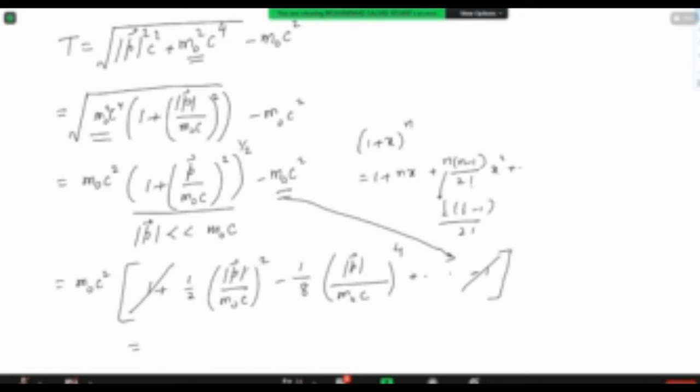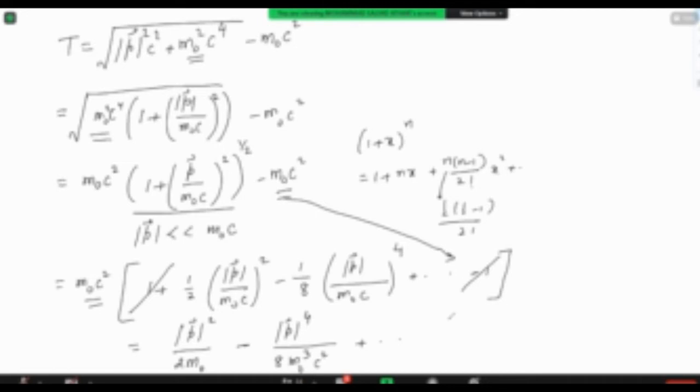See, this is p square by m naught square c square. When I bring this m naught c square inside, what I am going to get is p square by twice m naught, and then minus p to the power 4 by 8 m naught cube c square plus higher order terms.